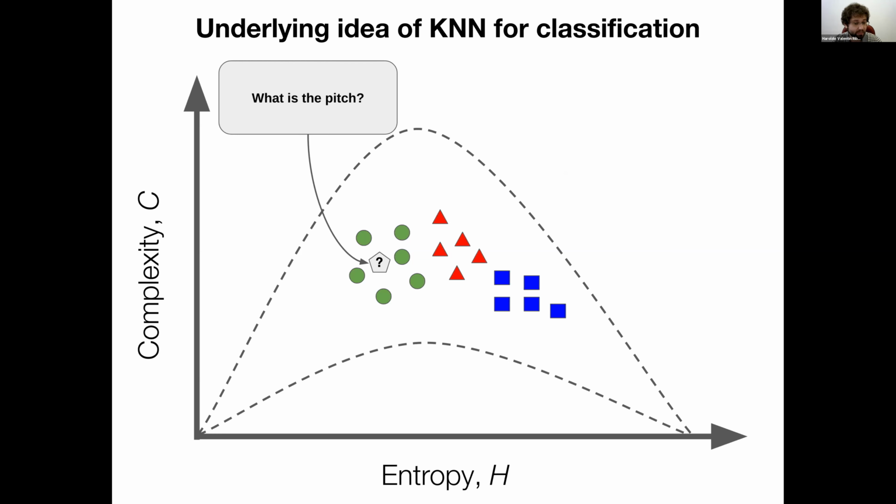And now we ask, what is the pitch of this new value? And what the KNN will answer this time is: look into the neighborhood and find the most common pitch in the neighborhood. And the most common pitch in the neighborhood will be our prediction for the pitch of this new image. So it's basically the same, but now we have discrete classes, so a discrete number of possible values.